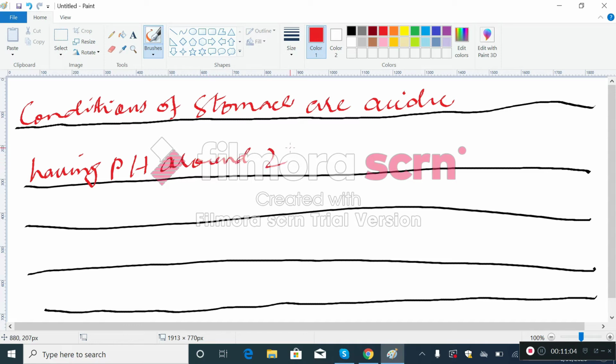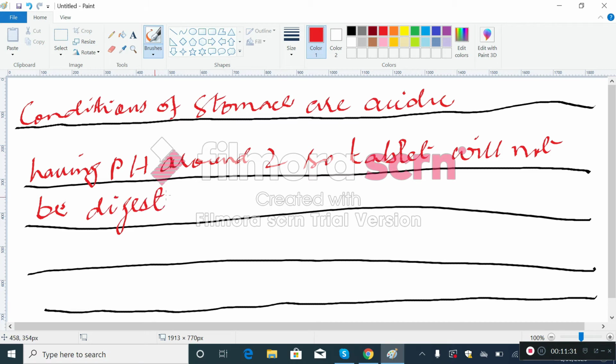When highly acidic conditions are there in your stomach, in these conditions the tablet will not be broken down. So the tablet will not be digested, or it will not be broken down in the stomach.